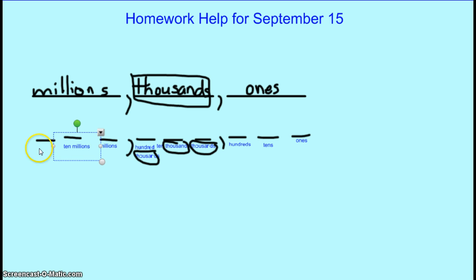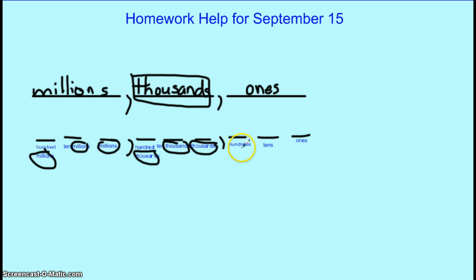And you've probably already seen a pattern here, that each section has that name throughout: millions. So you can see why this is called the millions period, because millions, millions, millions, okay? And all these are counting by ones here. Even though you don't hear the ones, we know we've grouped ones together.